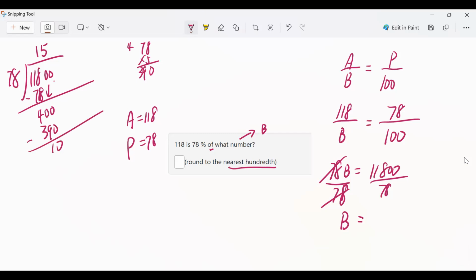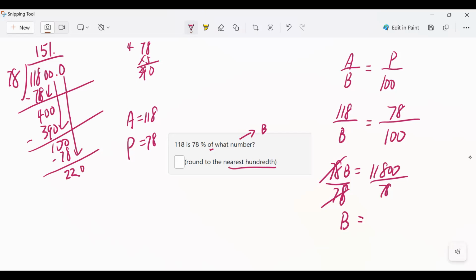Remainder 10, bring down the zero. Now 78 going into 100, that's one time. 1 times 78 is 78. Remainder 22. Now you add a decimal, copy the decimal, put it into the quotient, and start adding zeros in the back. Bring down the zero.